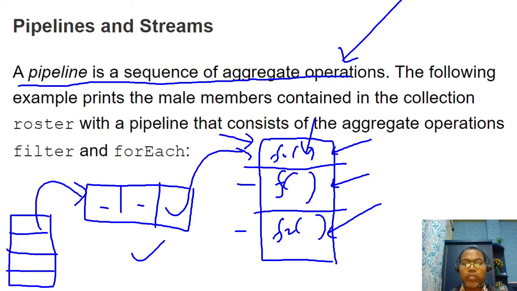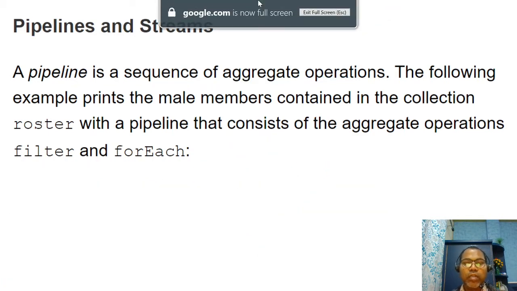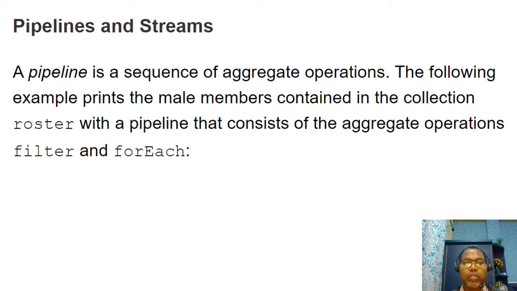So it's clear: a stream is a sequence of elements, and a pipeline is a sequence of aggregated operations or functions. We will use these terms sequentially, like pipelines and streams.